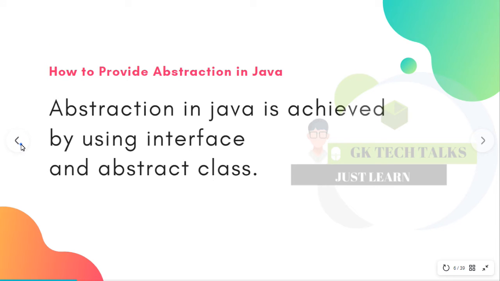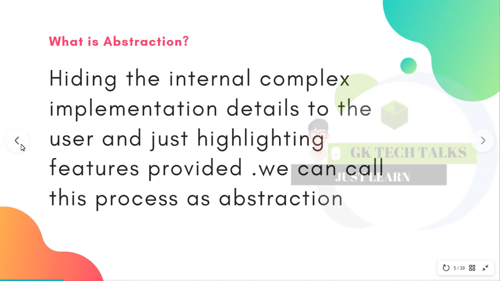What is abstraction? Abstraction is the process of hiding the internal implementation details of your functionality, and you just showcase your services and features to the outside people. The end user is unaware of what exactly you are doing inside your project.